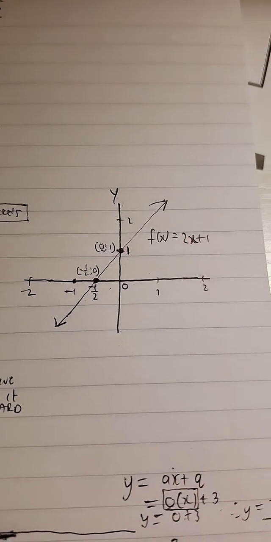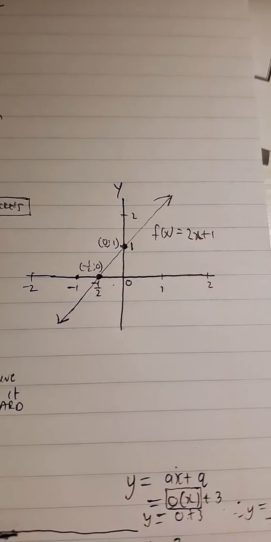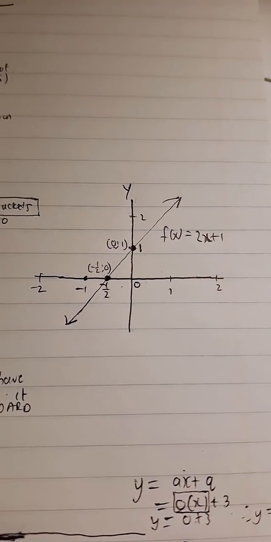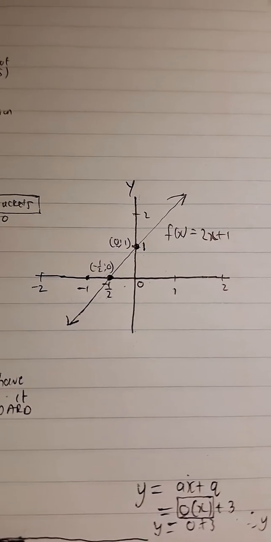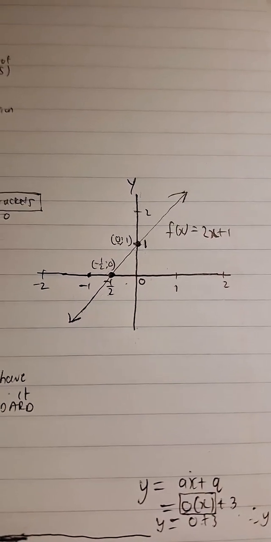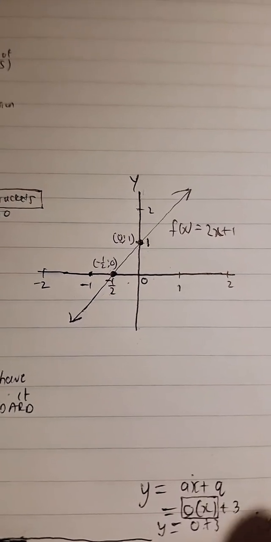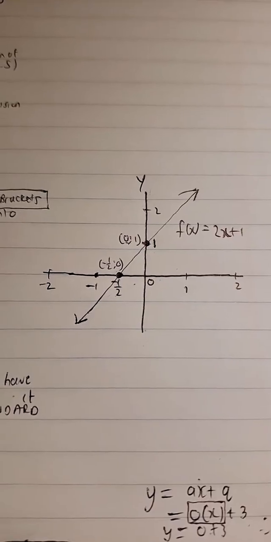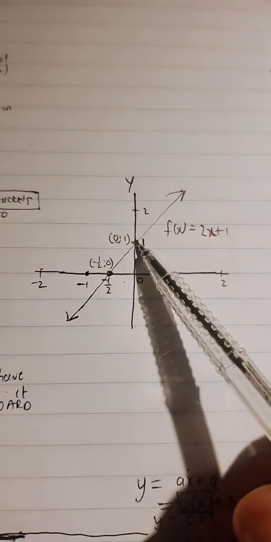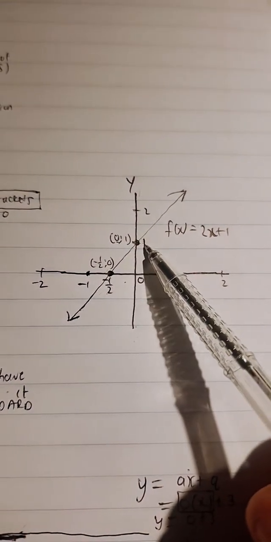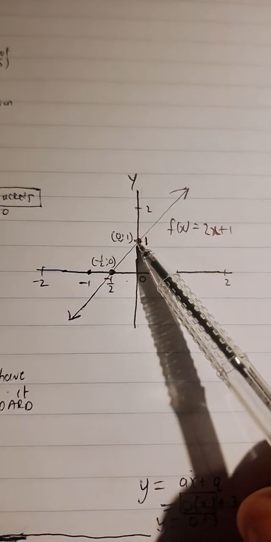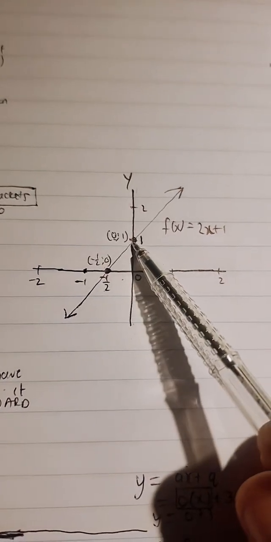Some of you are probably like, but sir, you must write the coordinates. Well, if you want to write the coordinates, please don't allow me to turn your mind around. You can write the coordinates, but I'm saying you will not be penalized if you don't, as long as it is distinctly clear that you've marked the point for the y-intercept.